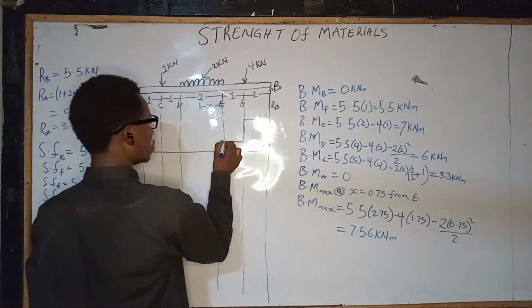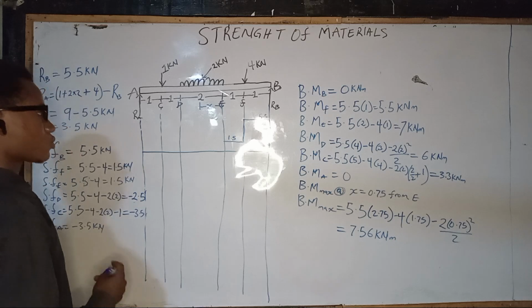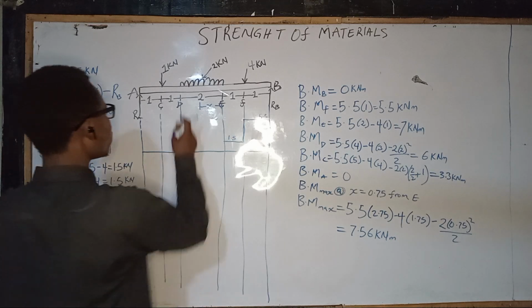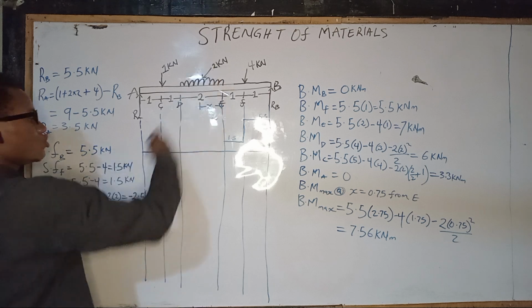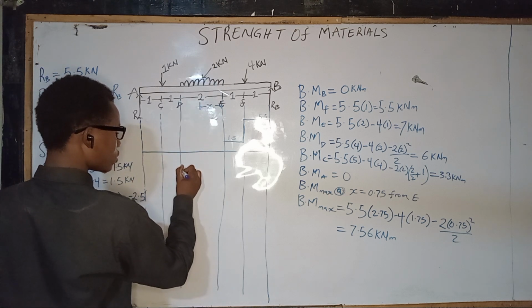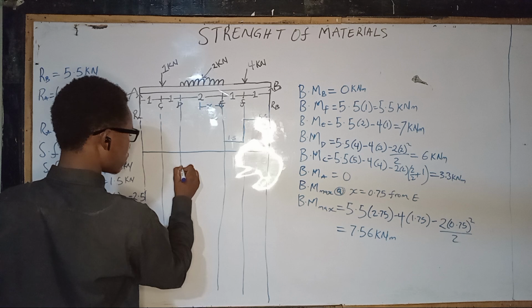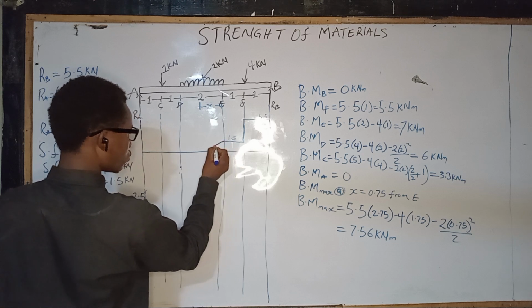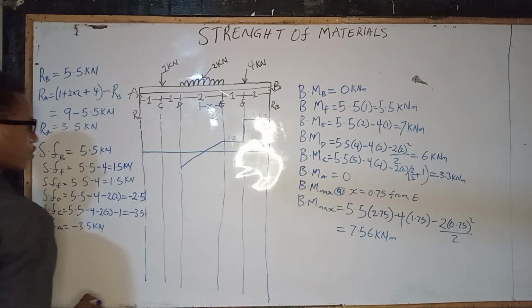From here to E, that is 1.5. Now our shearing force at D is 2.5, but this is a UDL, so it will be a diagonal line, a 1 degree line. Let's say we have 2.5, so it will be like this.